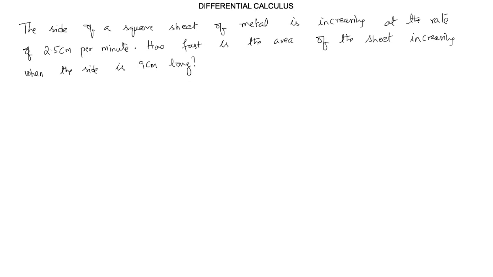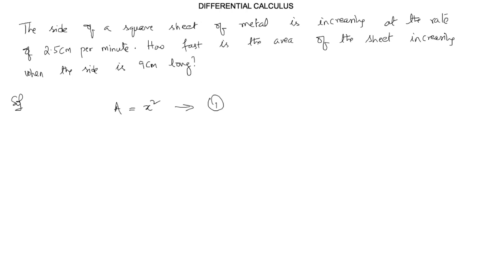Okay, so let us move on to the next problem. Let us find the solution for this. Now I'll denote x as a side of the square sheet, and A denotes the area, so A is equal to x squared. Keep that equation as 1.